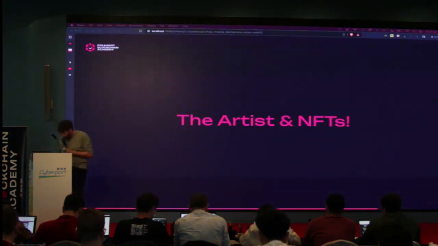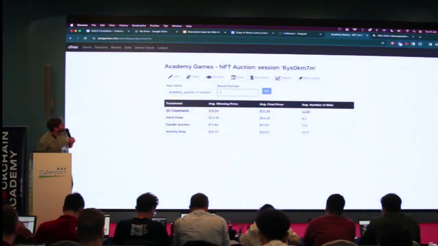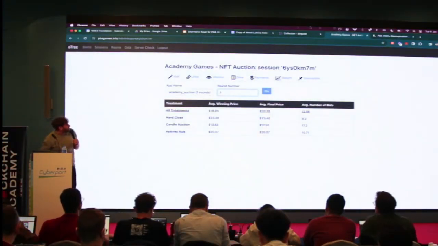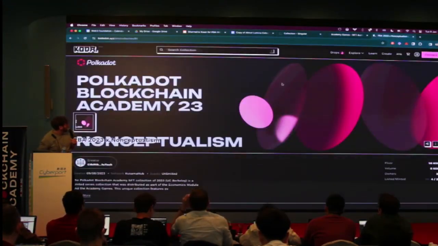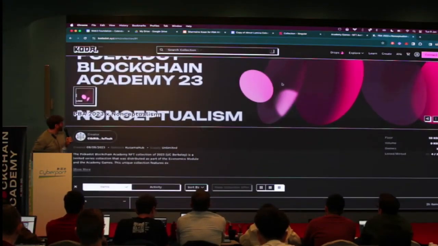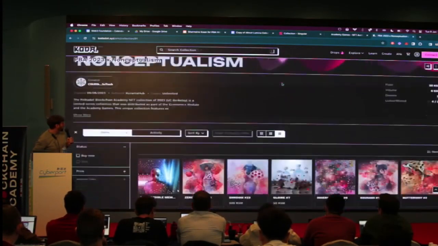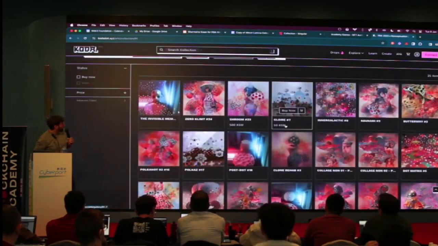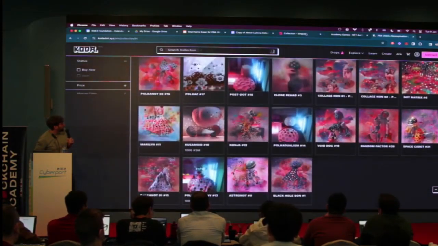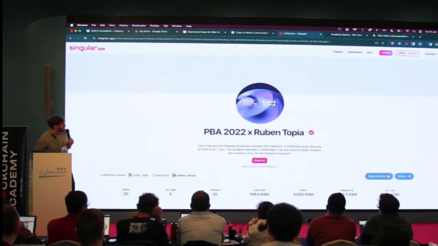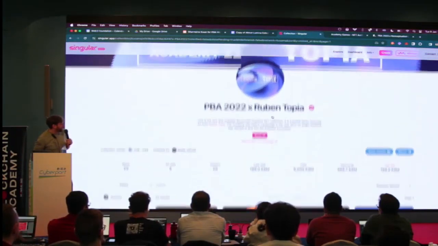Yeah, okay, I just want to briefly show two of the other NFT collections, this one here, and this one. That was from Cambridge, from Berkeley. That was quite nice. Very conceptual art. That's Rubentopia from the very first one.